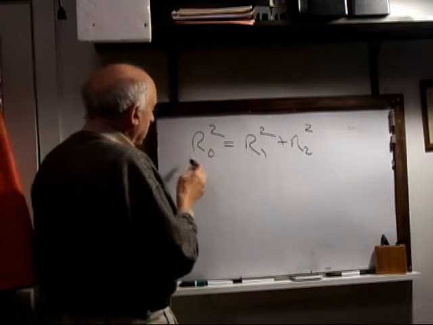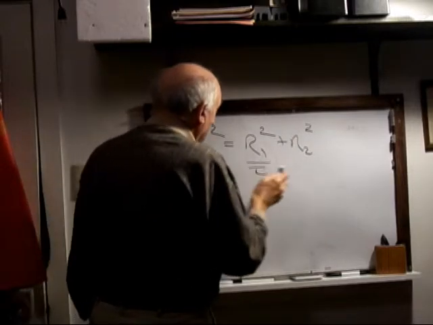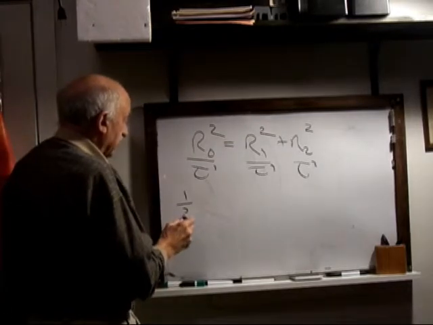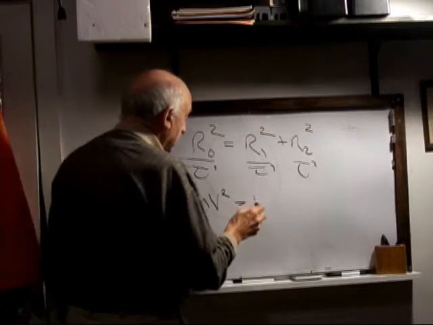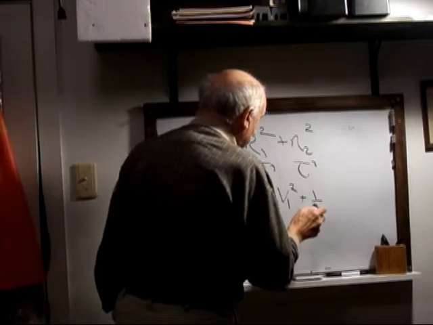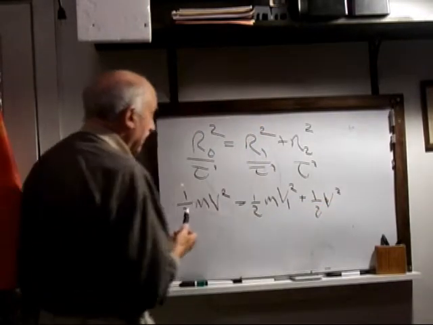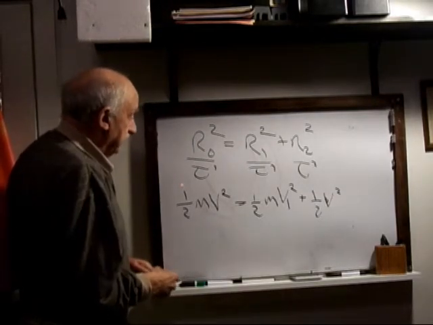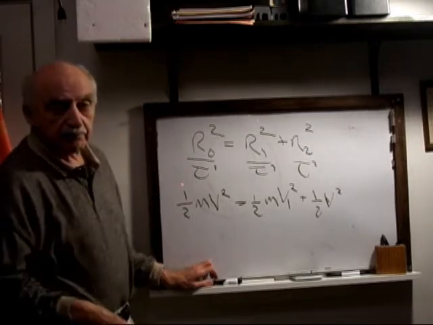This shows you, if you now were to divide this by the period squared and multiply by half the mass, you would get that half the mass times the velocity squared is equal to half the mass times the velocity 1 squared plus half the mass times the velocity 2 squared. And this shows you that the energy increases with the distance for a given period.